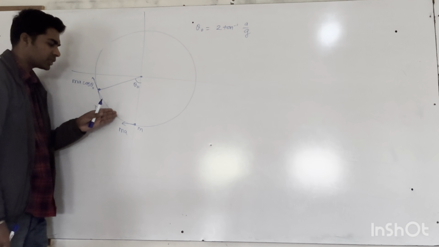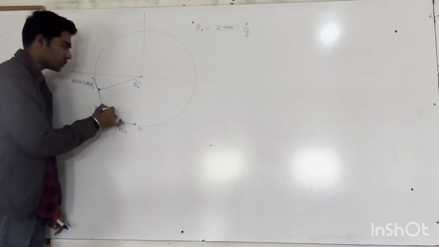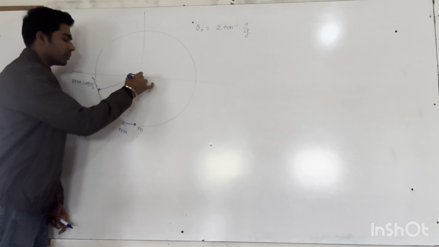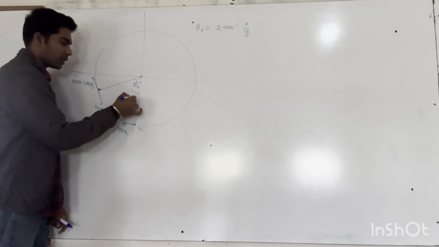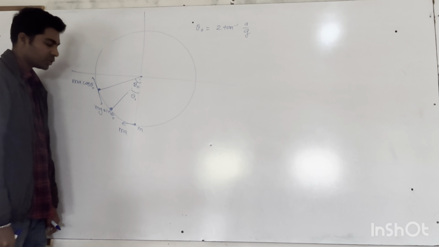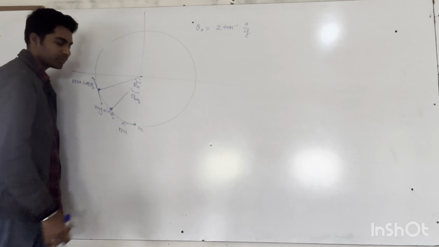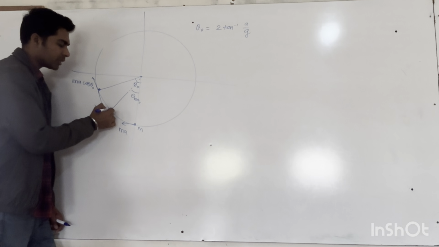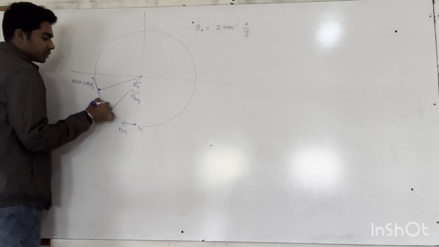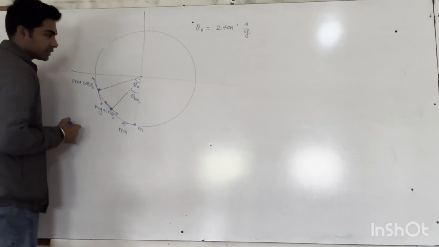Since we have crossed that position which we called the equilibrium position for a moment, I will denote it as theta equilibrium. Why equilibrium? Because at this moment the net tangential force on the particle is balanced.